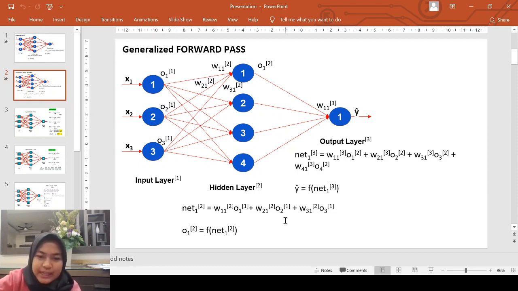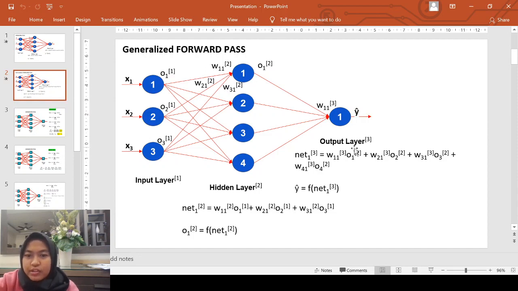That is how we get the notation here. And then for the output of the first neuron of the second layer, it is the same: f of net 1, node 1 of the second layer.